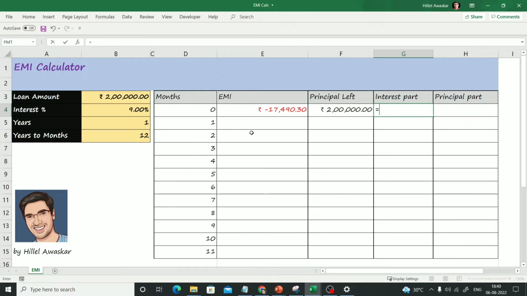The interest part would be the principal into the interest divided by 12. So let me do a FO here so that I can generalize it, and your principal would be 17 plus this, right?